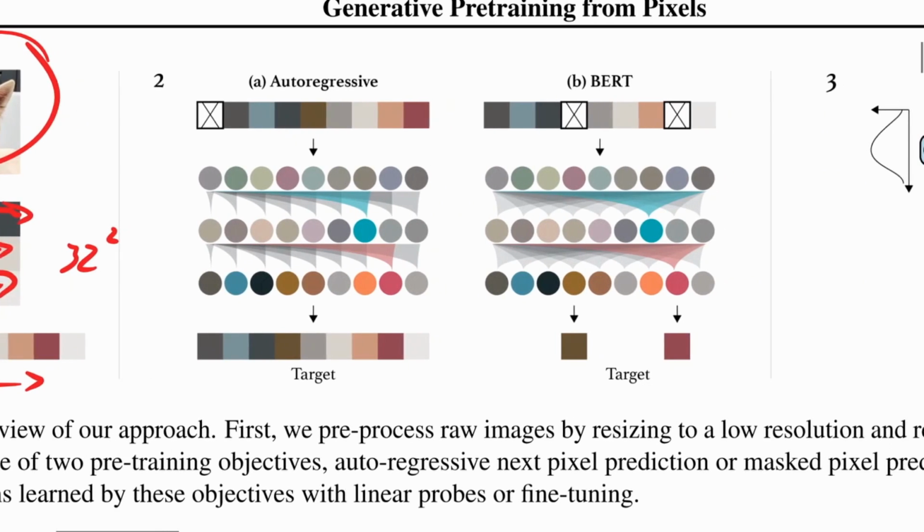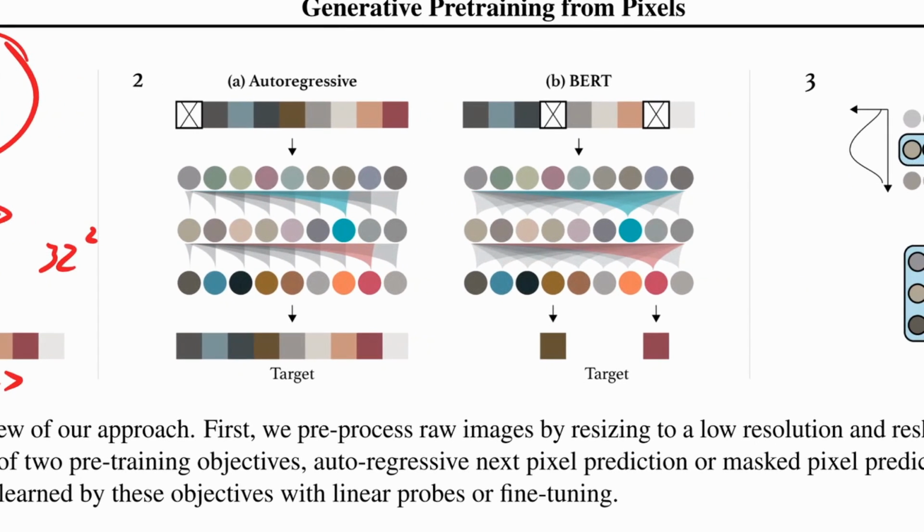And then they do one of two things. They either do auto-regressive generative pre-training, which is the GPT-2 style pre-training. And the idea here is that you always want to predict the next pixel of a sequence.